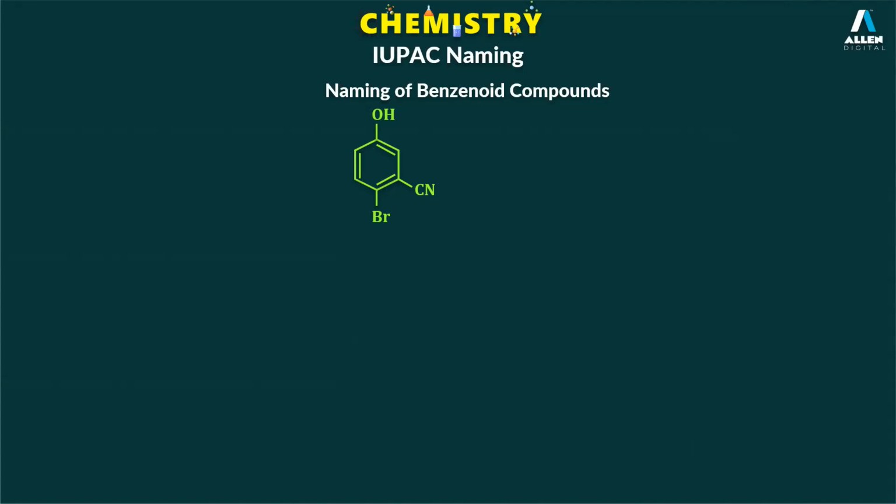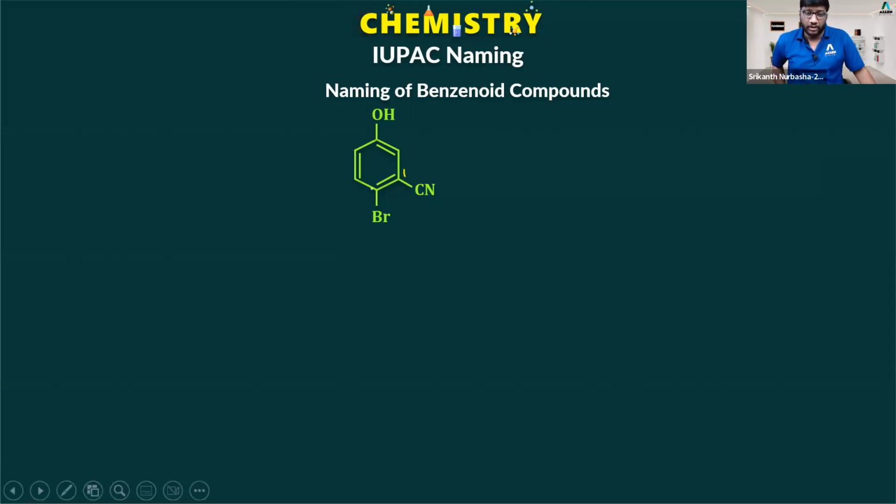Yeah, cyanide is a functional group, so it should be given the highest priority. So the carbon to which CN is connected should be given the first number. You may ask a question: sir, why can't you simply go with the lowest locant rule and give bromine the first number, 1, 2, 3, 4? That is decided only when all the groups present on that particular benzene are substituents only.